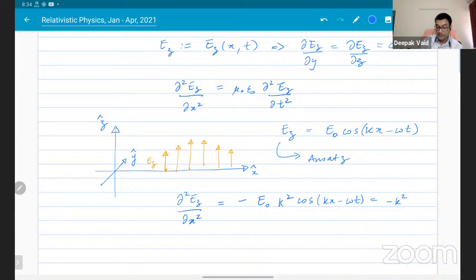I can write that as minus k squared Ez, since E naught times cosine is equal to Ez. Similarly, if I take the second time derivative, what happens? I get minus omega squared Ez. I'll get two copies of minus omega, and again the same thing will happen: cosine, minus sine, minus cosine.